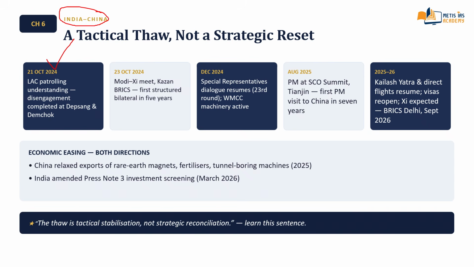India has consistently maintained that peace and tranquility along the border are essential for the overall development of bilateral relations. Peace and tranquility along the border, essential for the overall development of bilateral relations. India does not argue that every boundary issue must be resolved immediately.